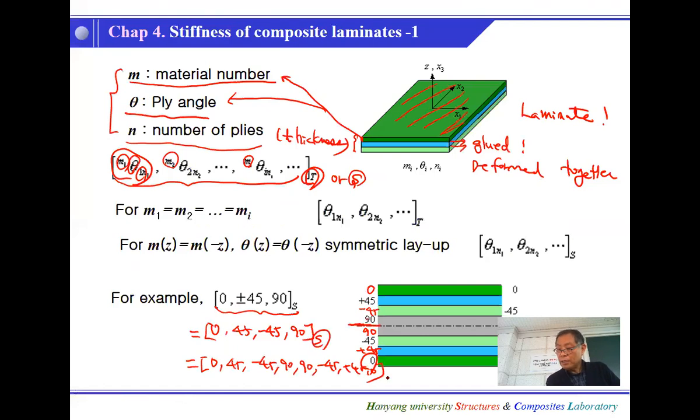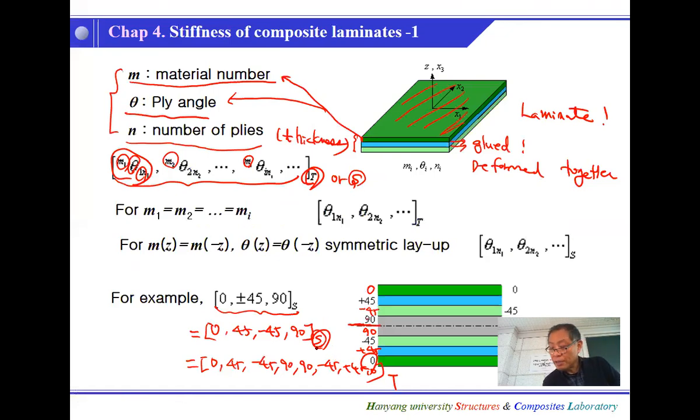In this case you need to enter T. T stands for total laminate sequence. The reason why we are using the S is that in practical application, more than 90% of all laminates are symmetric.